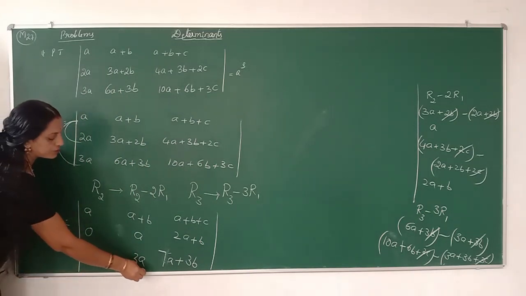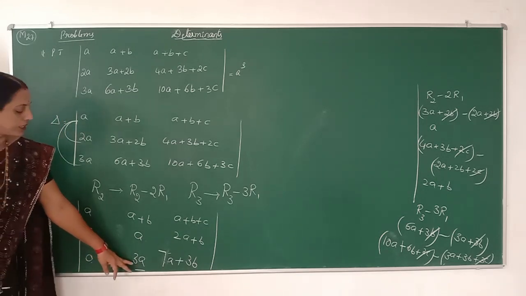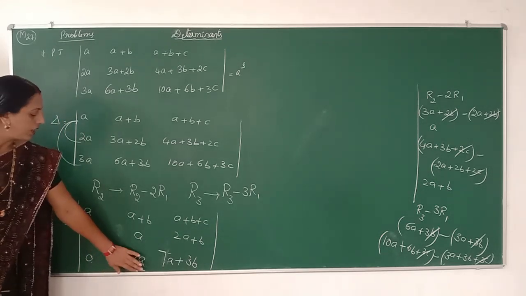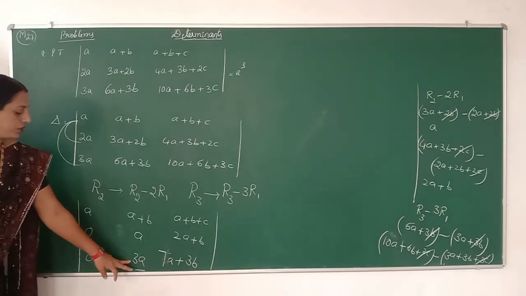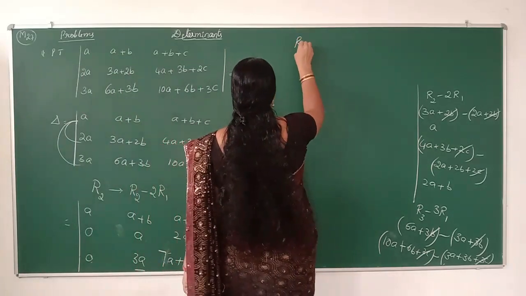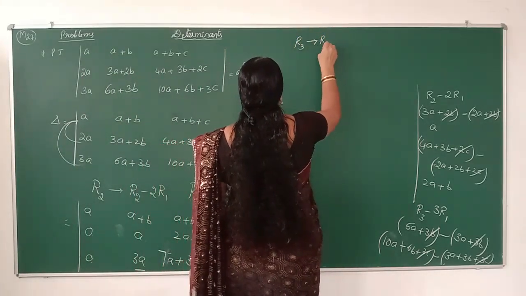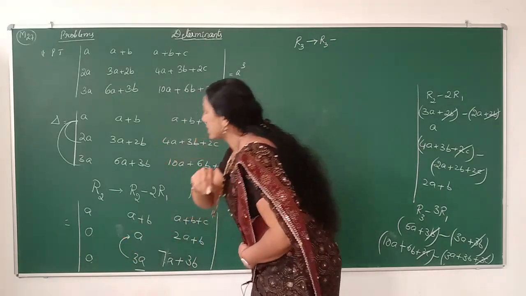So after then we will observe the second element of R3. Suppose that element is also nothing but 0, then by using the properties of the determinant, it is possible to write it as 0. Now R3 can be changed with R3 minus something, comparing with the elements of the second row.